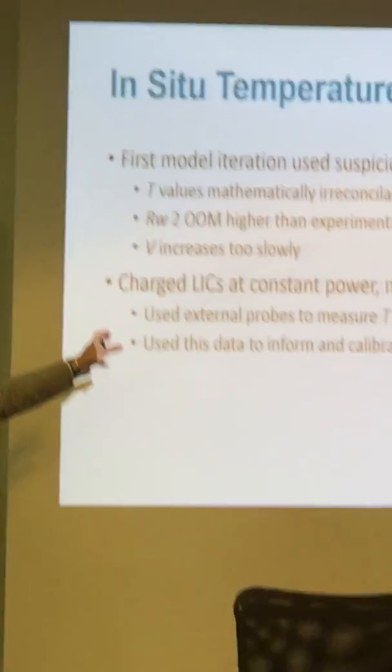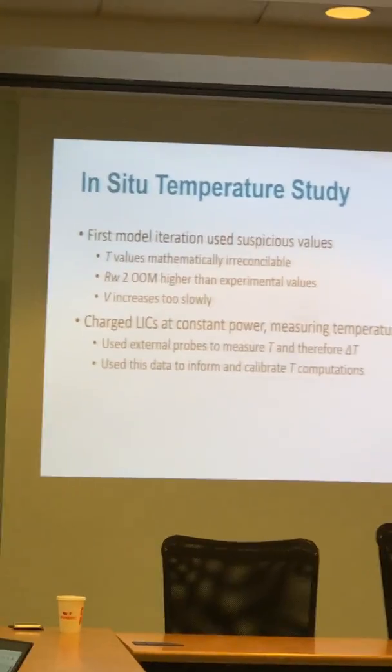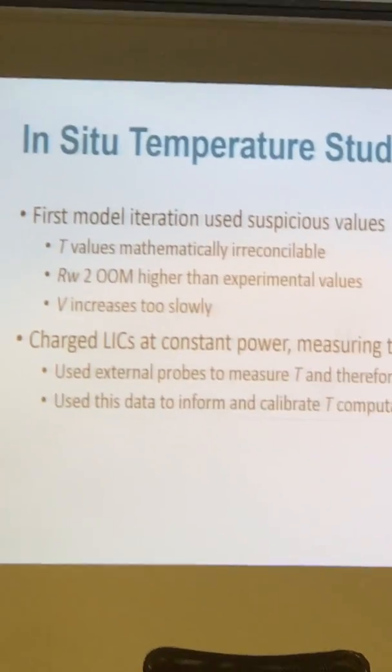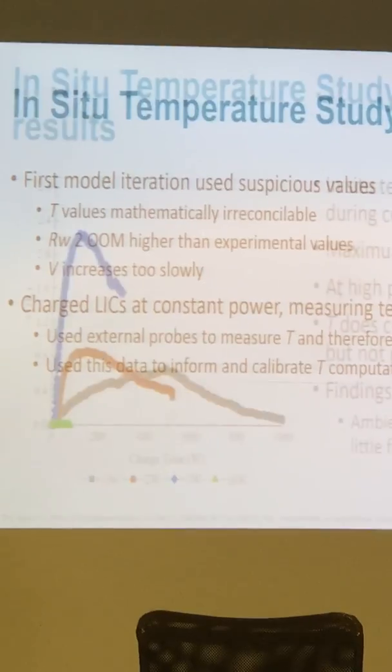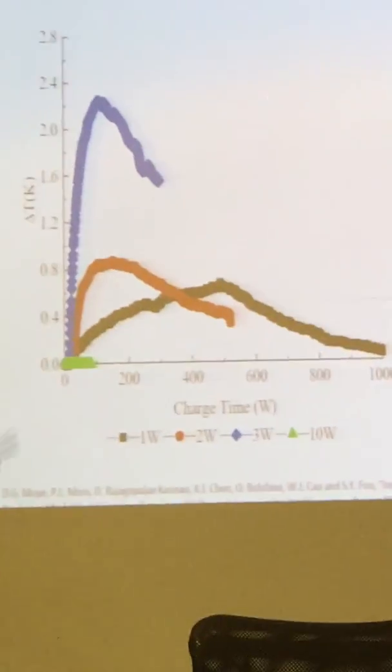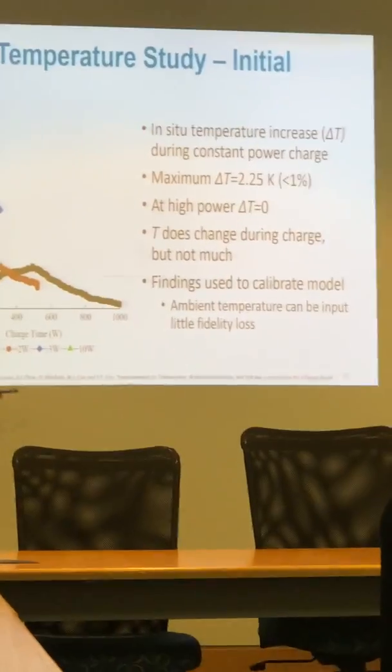So what I did is I charged some lithium-ion capacitors at a constant power and measured the temperature in situ. So they're external probes in an isothermal chamber, and we collected the data on how delta T changed. And it turns out delta T does not change very much at all.